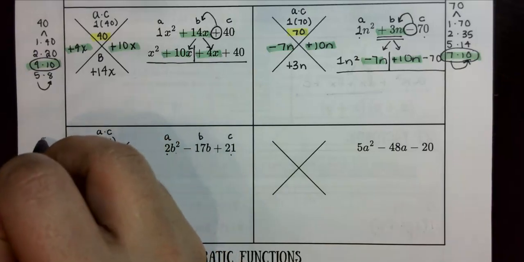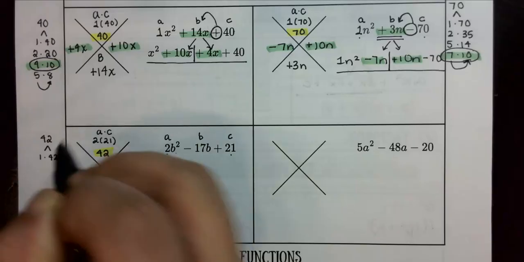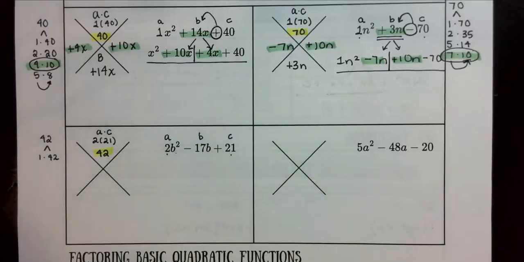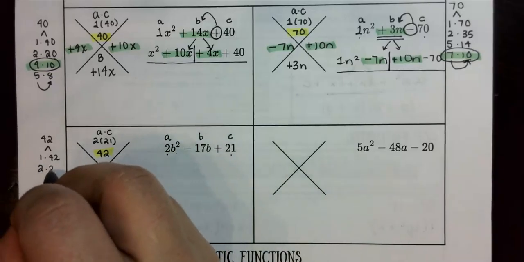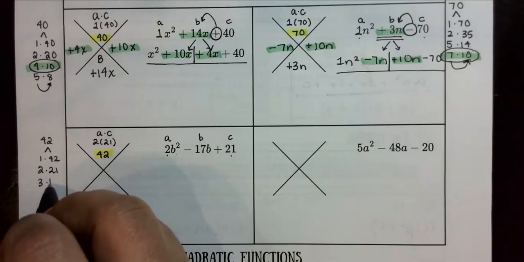I'm going to use a space over here and write 42. I always like to start with 1, and I like to go in order. I know that 2 does divide into 42 21 times, so we're going to say 2 times 21. I'm just dividing. If you have your calculator, you can take 42 and divide it by 3, and it does give us a whole number, which is 14.